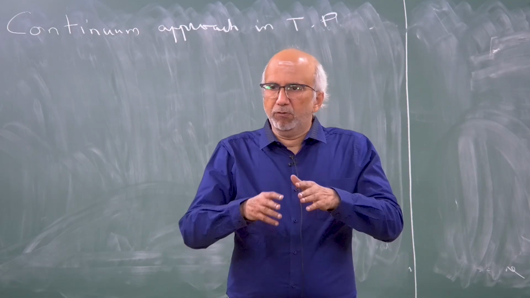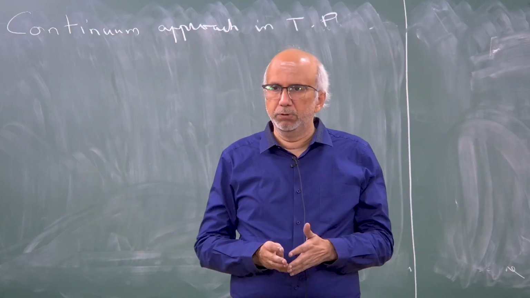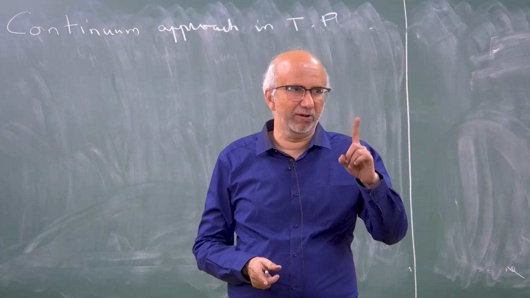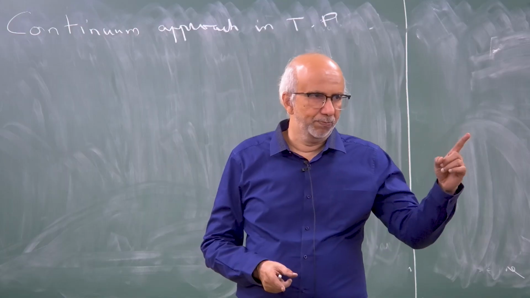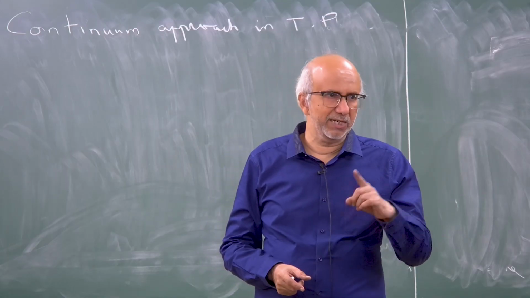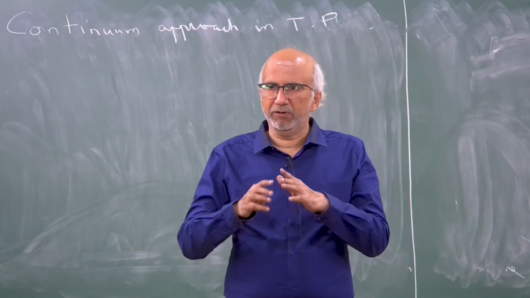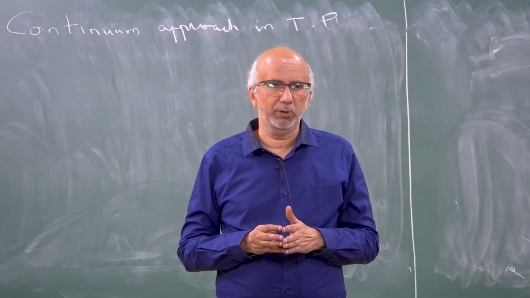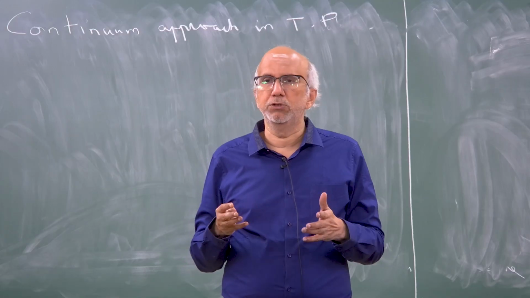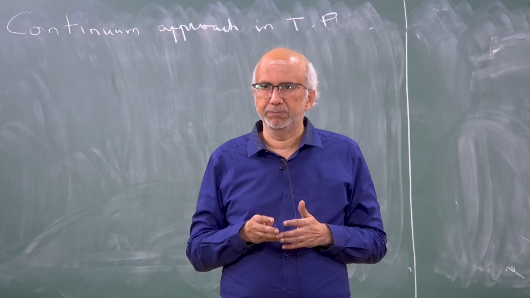If I take the volume element to be as big as the whole room, what will I get for the average? I will get only one value. I will not be able to find out what the variations are in space, okay. So if I take a very big size for doing the averaging, I will lose spatial information.